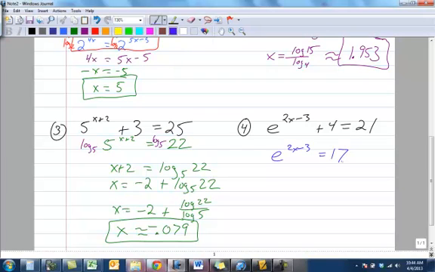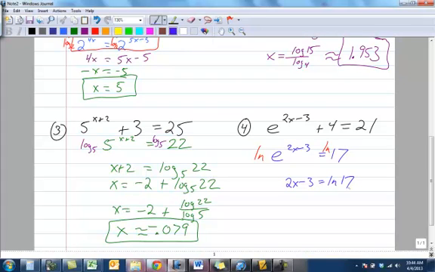All right, how do you unbase e something? Well, here, on base 5, we log base 5. We have to log base e. What's another name for log base e? Log base e is natural log. You're going to natural log both sides. So now we got 2x minus 3 equals the natural log of 17.